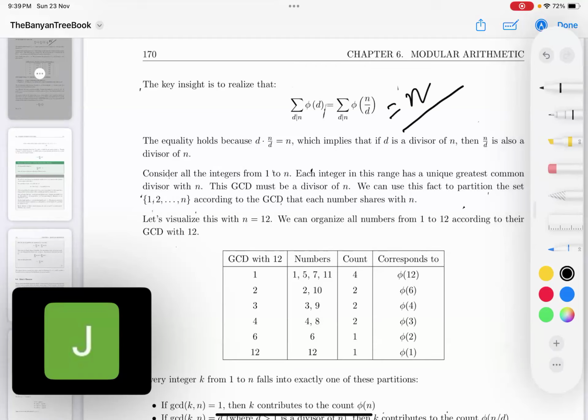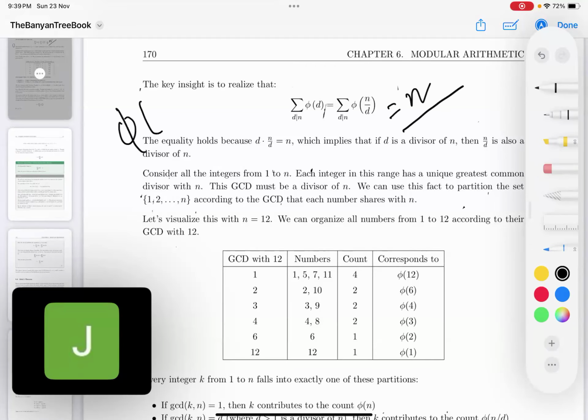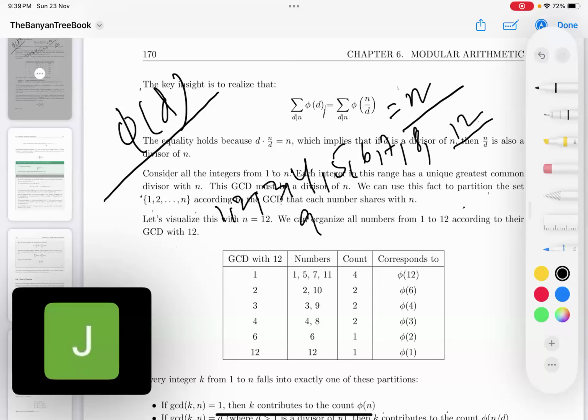Let's look at any divisor of N. Take the example of 12: 1, 2, 3, 4, 5, 6, 7, 8, 9, 10, 11, 12. There are 12 numbers. Right?